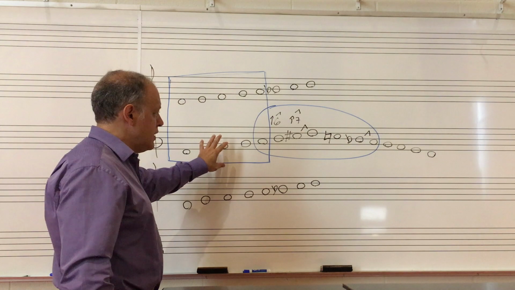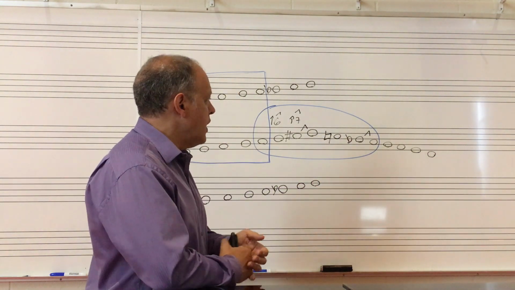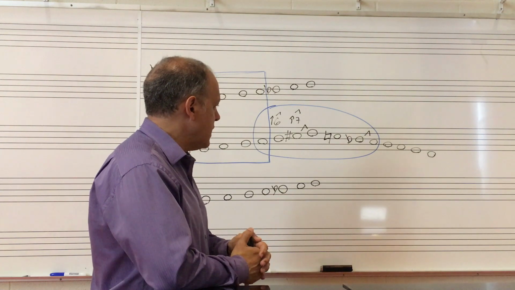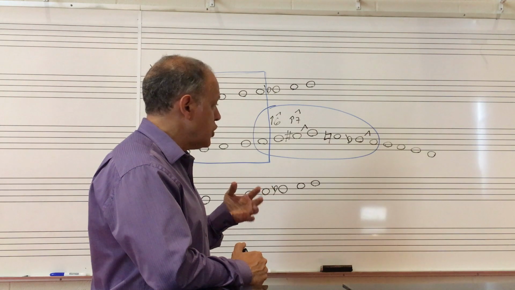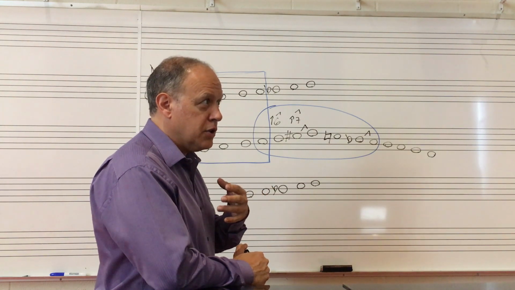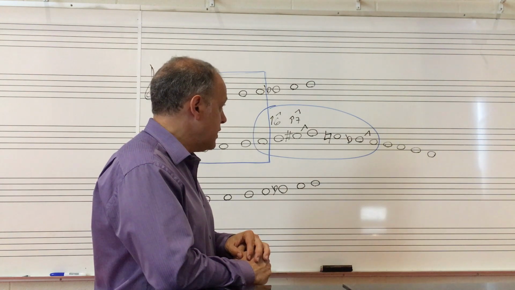So this is really the first model for chromaticism that we need to learn about, because it's something that we call the melodic minor. It shows the kind of typical use of chromaticism that we would encounter in a minor mode melody.